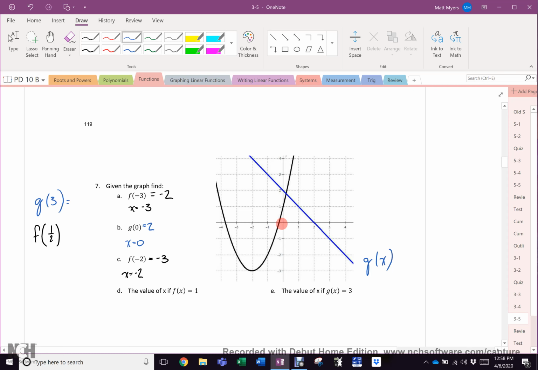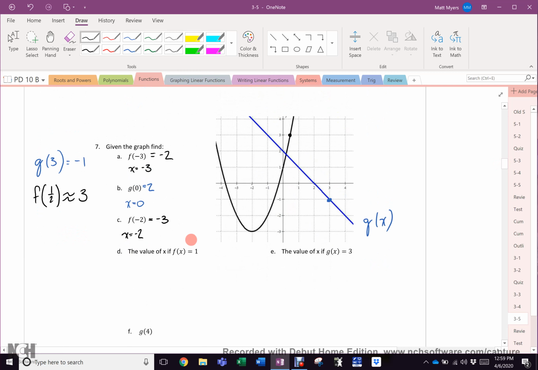So for the g of 3, I would go out to 3, I would go down, and it would be right there, negative 1. For the f of 1/2, I would go out to 1/2, and I'd go all the way up, and I'd hit right there. Now, because we don't know exactly if that's a half, we have to say that's approximately 3. Everybody should be good.